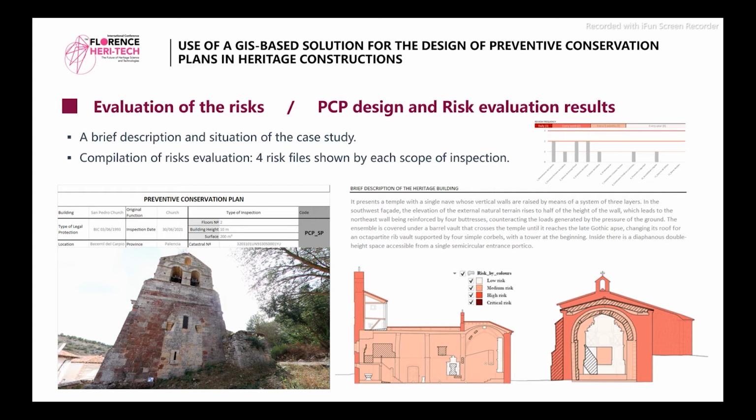As it is shown on the screen, the risk results showed that the roof covering, the rainwater system, the building envelope, and the indoor climate present a high risk, so their intervention must be immediate.